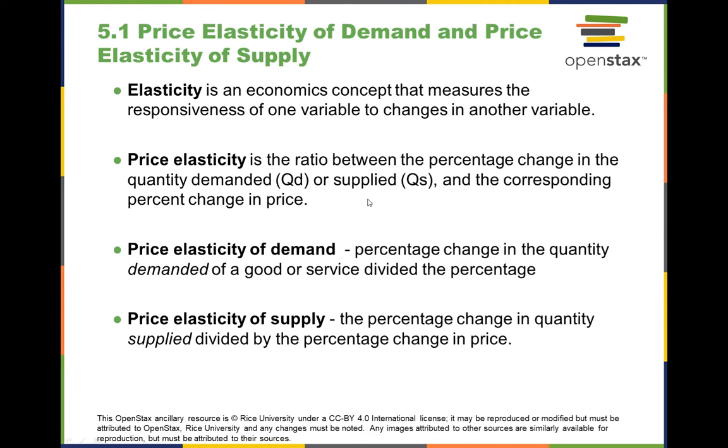Price elasticity is the ratio between the percentage change in the quantity demanded or quantity supplied and the corresponding percent change in price. Price elasticity of demand is the percentage change in the quantity demanded of a good or service divided by the percentage change in price, and the price elasticity of supply is the percentage change in quantity supplied divided by the percentage change in price.